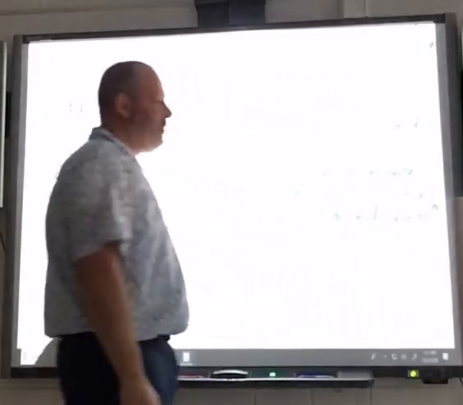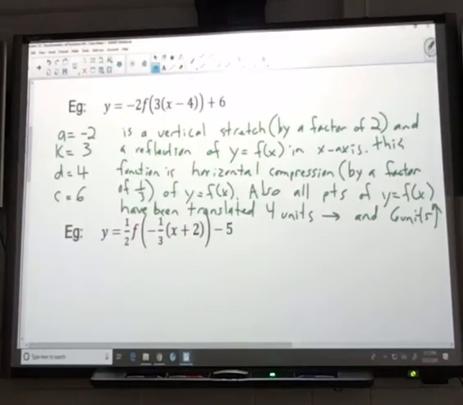I guess with proper language, we should say a vertical translation of 6 units upwards and a horizontal translation of 4 units to the right, or in the positive direction. But that's still pretty darn good.